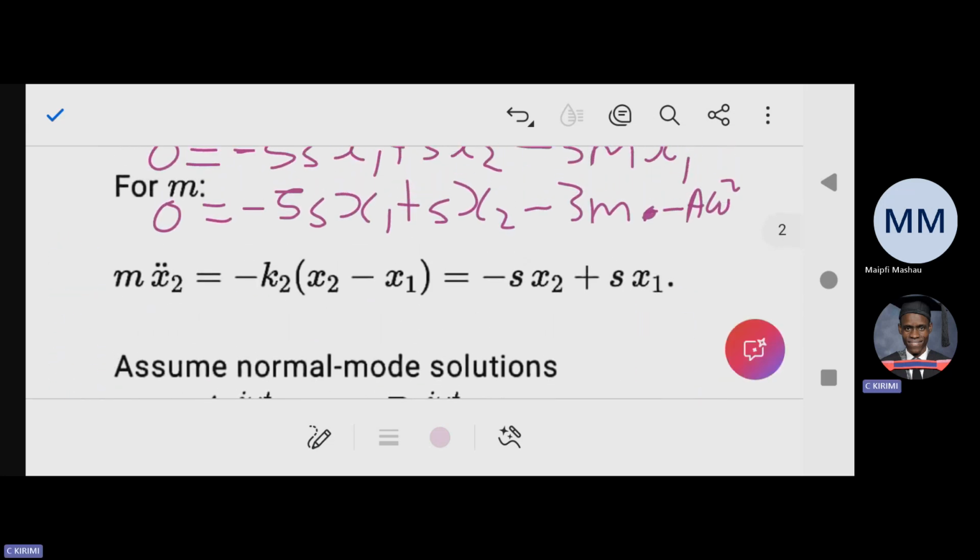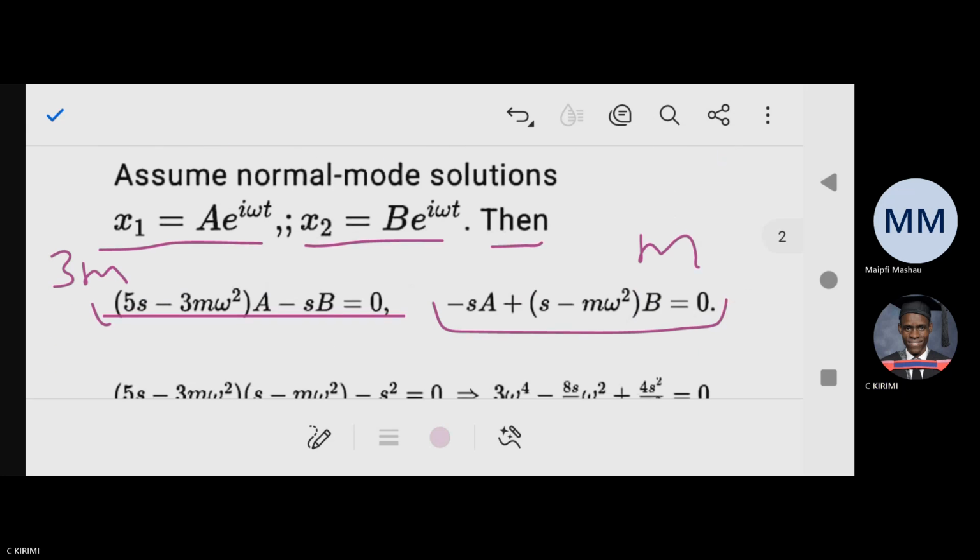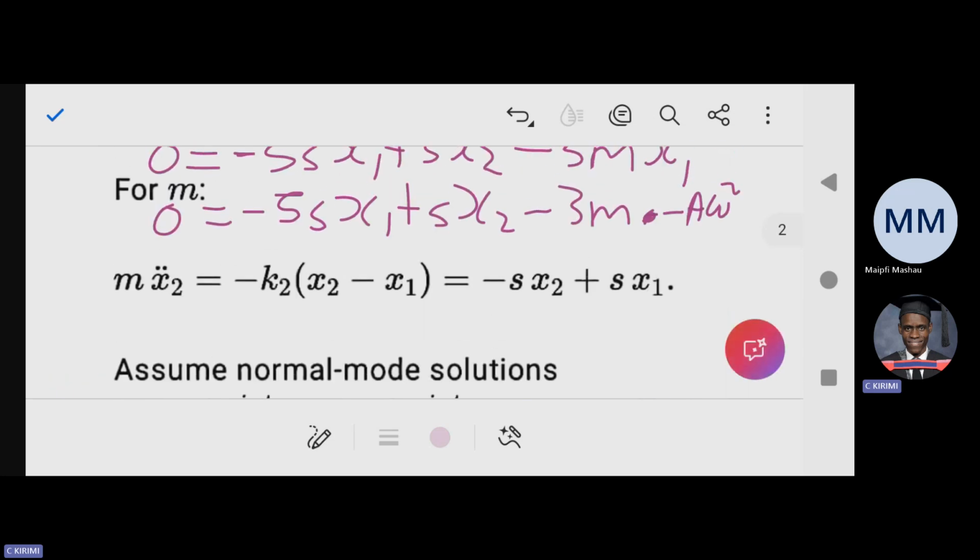Then 5s minus 3m omega. Check now how the signs change so that you understand. This is 0 equals negative 5s.